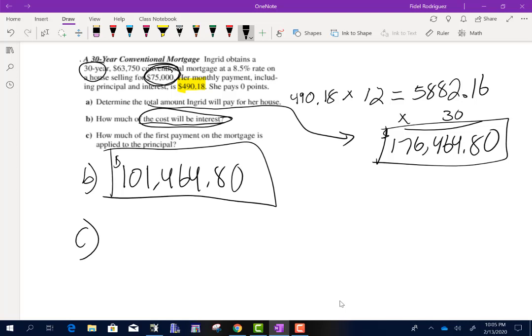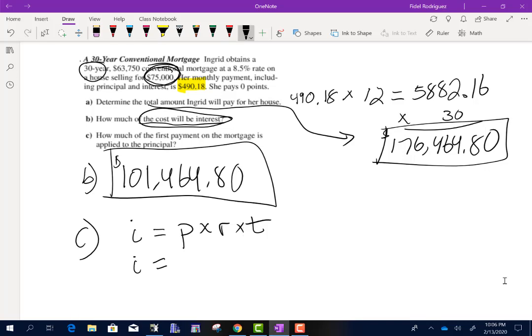Okay. Now, Part C says, how much of the first payment of the mortgage is actually applied to the principal? Okay, so the way we're going to figure this out, if you remember our simple interest formula, I equals P times R times T. Give me one quick second. Pause this. Okay, so we're going to find the interest, okay?